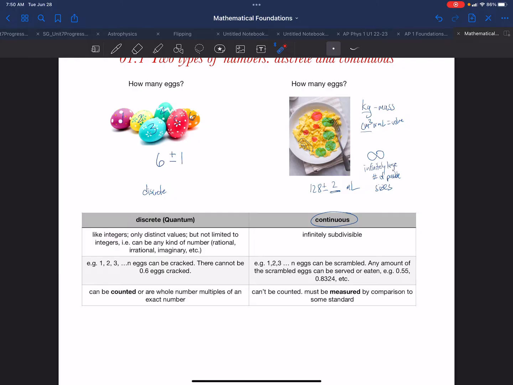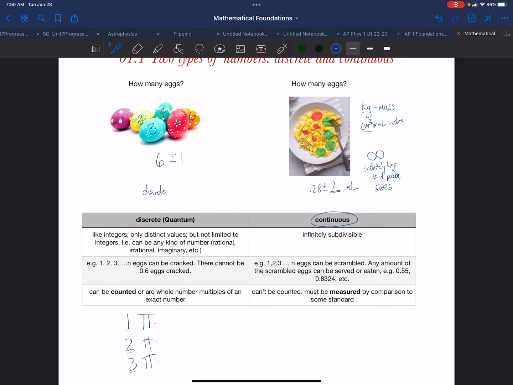And again, discrete things are things that could be counted or whole number multiples. To give you another example of an exact number, we have a number pi that most of you are familiar with. Well, we could have 1 pi or 2 pi or 3 pi. In this case, we have exact multiples of a definite or exact number, pi.